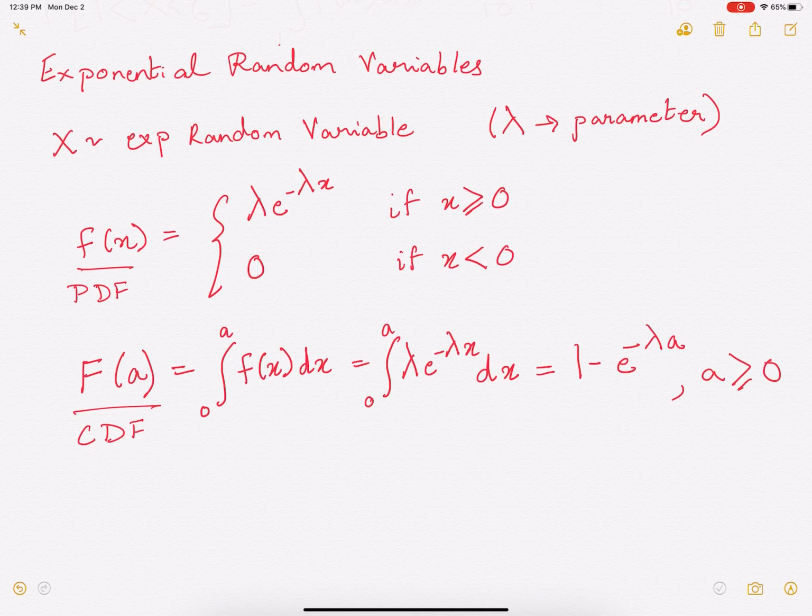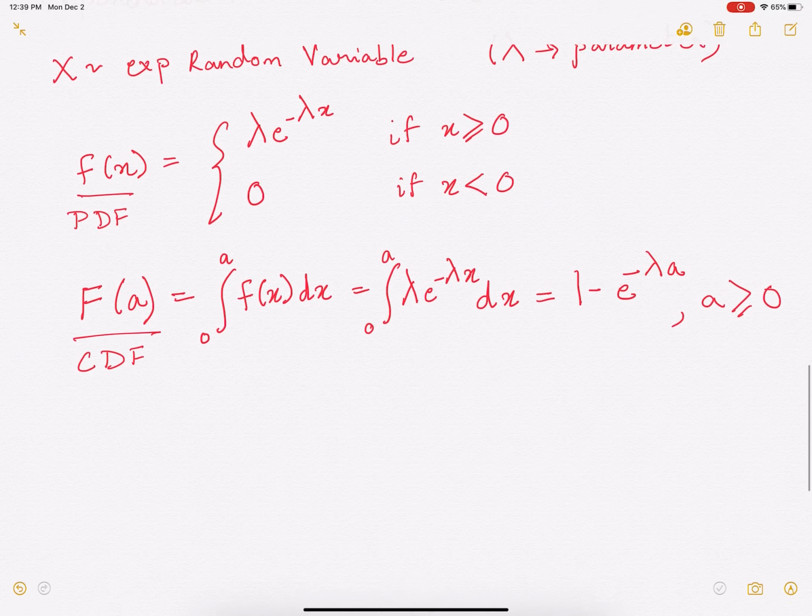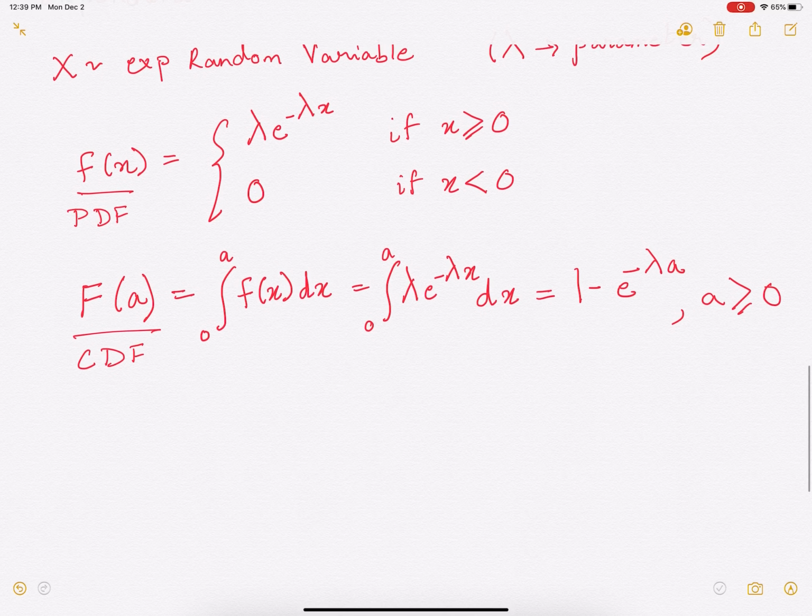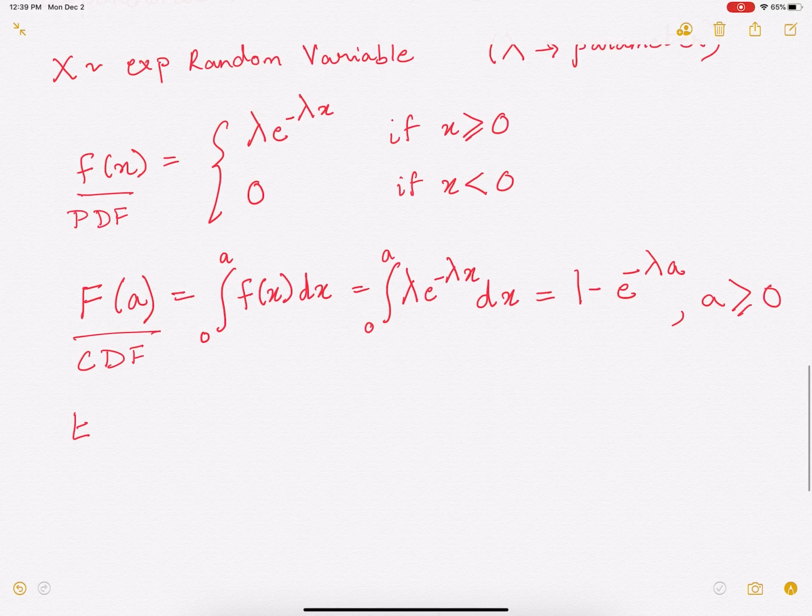Okay, now that we have studied this, we are going to look at the expectation of an exponential random variable. So let's try to find its expectation. The expectation of X is going to be given by this form. We integrate between 0 and infinity, because X is a continuous random variable defined for all values of x greater than 0.